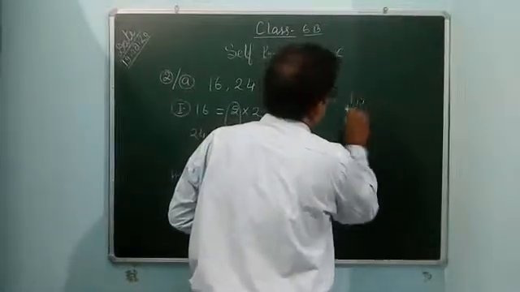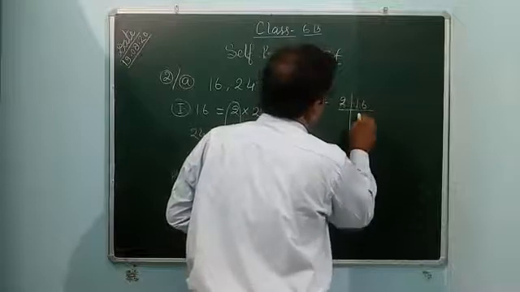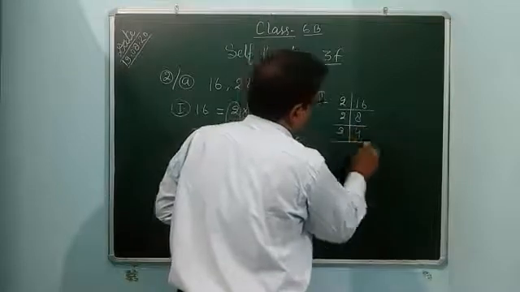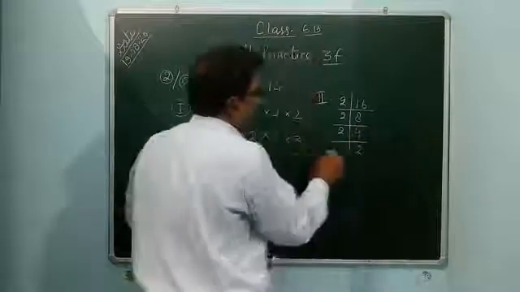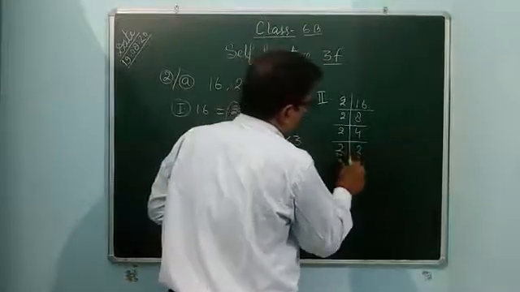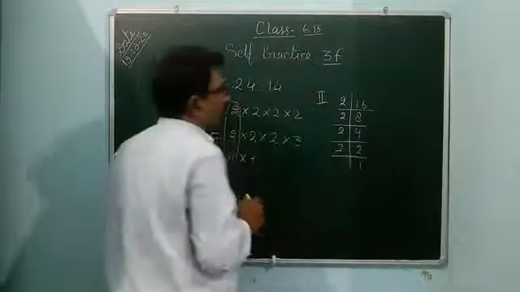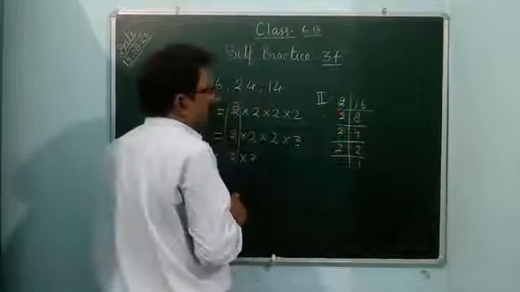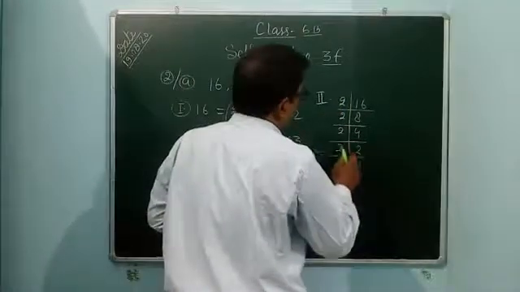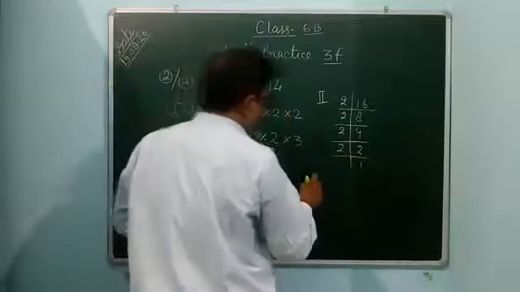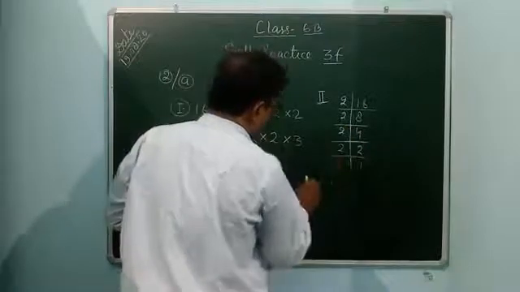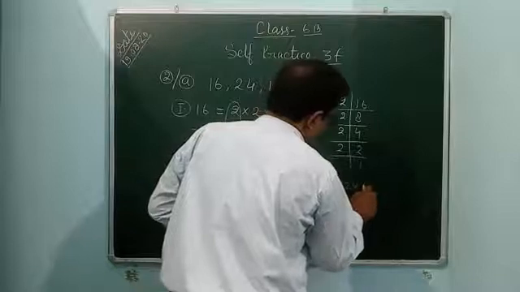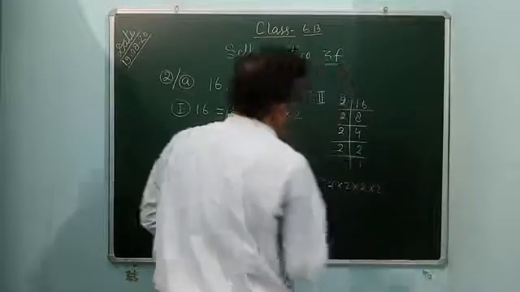For 16: 2 times 8 is 16, 2 times 4 is 8, 2 times 2 is 4, 2 times 1 is 2. So for 16 you can use 2 into 2 into 2 into 2.